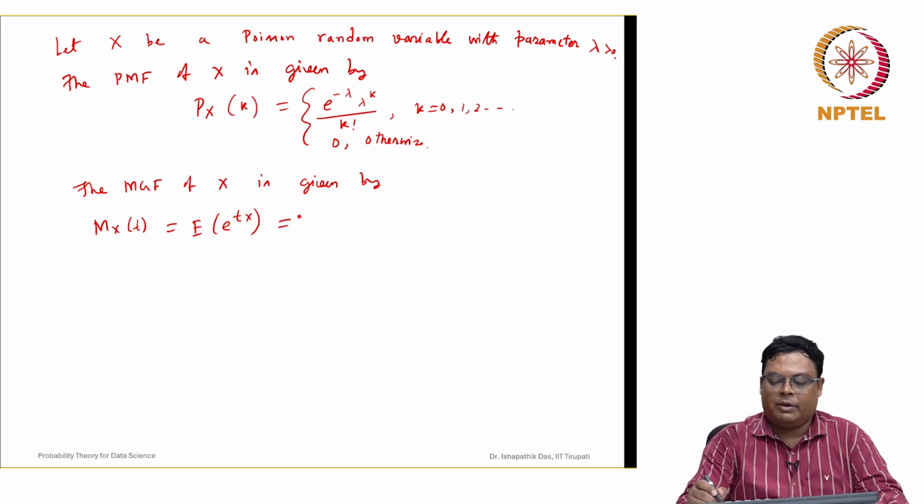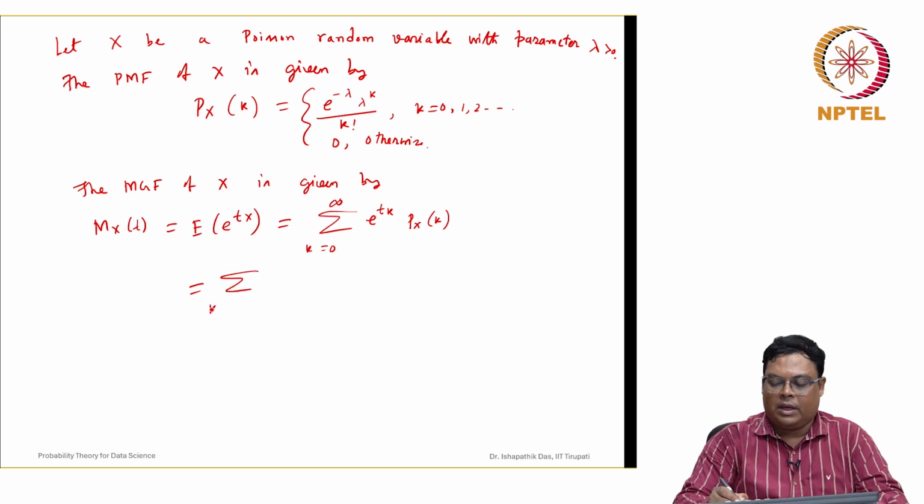By definition, because it is a discrete random variable, it is the summation of k from 0 to infinity of e to the power of tk, X taking the values k, into p_X(k). So then the summation of k from 0 to infinity of e to the power of tk times e to the power of minus lambda, lambda to the power k by k factorial, where k is 0, 1, 2 and so on.